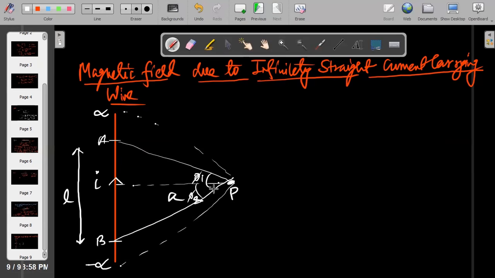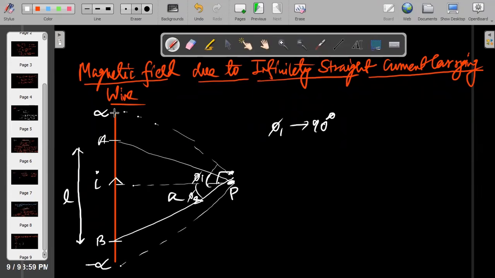So we are integrating in terms of phi 1 and phi 2. In the previous example we have already solved that. Now look at this length. It is infinite, so phi 1 will increase up to what value? Phi 1 will tend to 90 degrees, obviously.